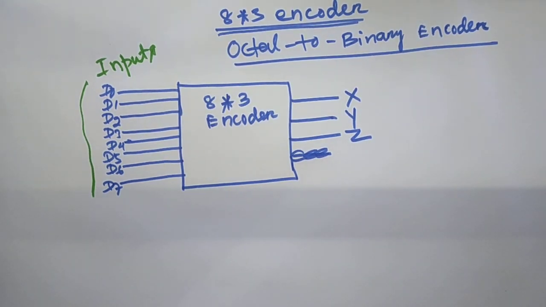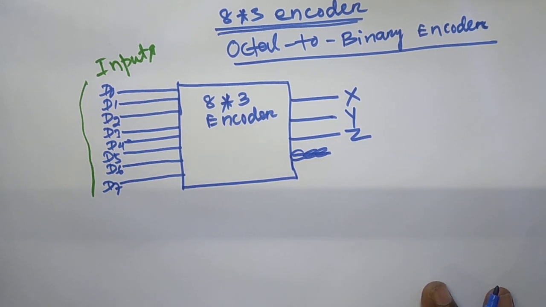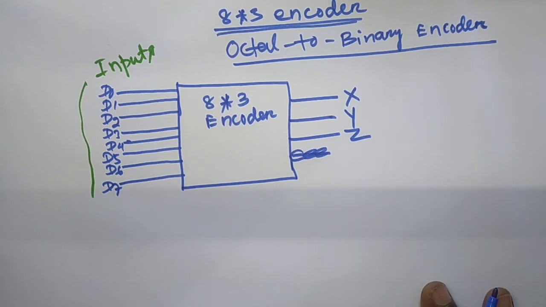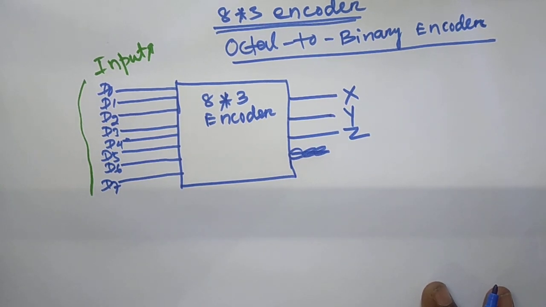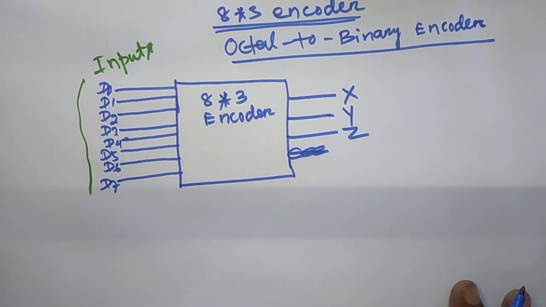Similar kind of truth table. Instead of 4 we consider 8 inputs, and instead of 2 outputs we consider 3 outputs. So 8-3 means 8 inputs 3 outputs, 4-2 means 4 inputs 2 outputs. So a similar concept we can define.